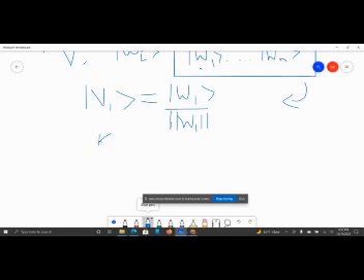And for some k, where k is greater than 1 and less than or equal to n, where n is the number of basis vectors, that is the dimension of this vector space, we would write this as v sub k plus 1.